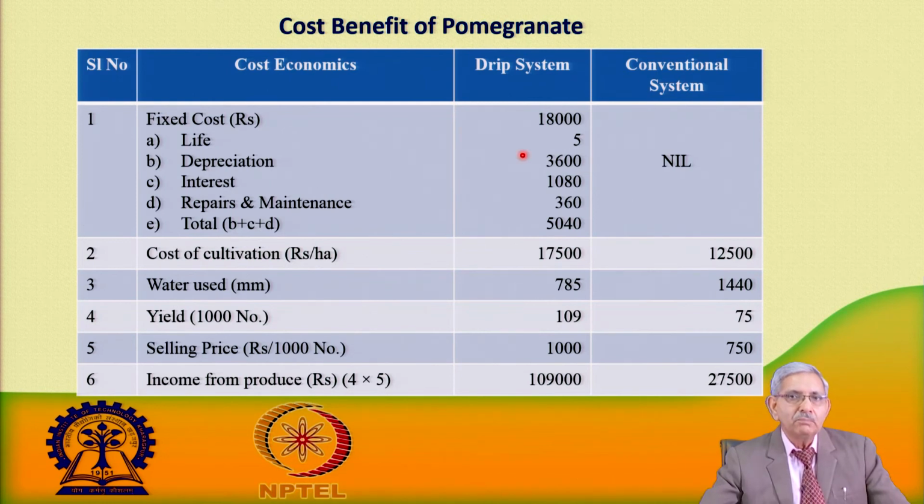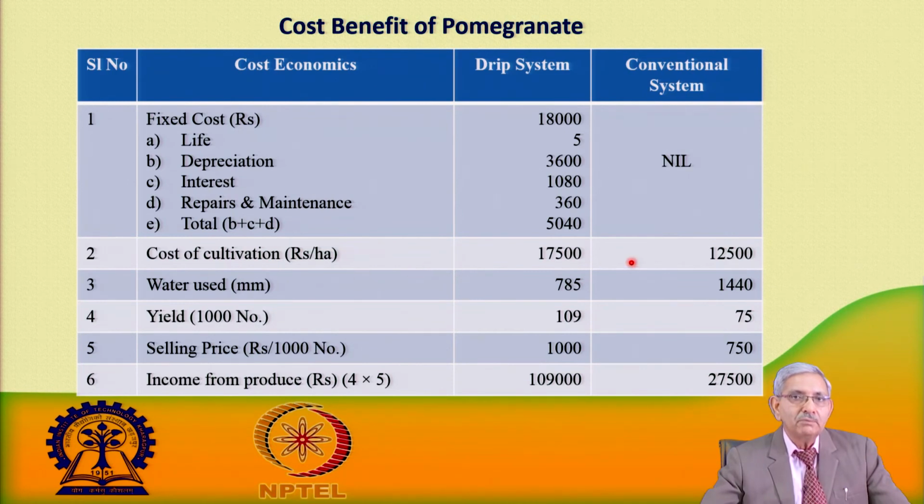This life is given as low, but it can be more, so the annual cost will come down considerably. The depreciation is 3,600, and then considering the bank interest rate, the repair and maintenance is estimated at 1%, which I told you. That way it will be calculated and the total cost is obtained.